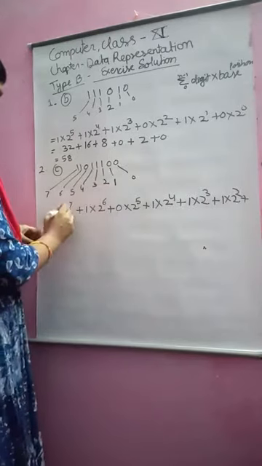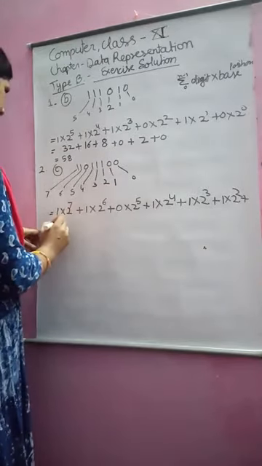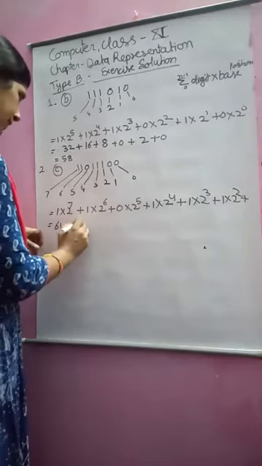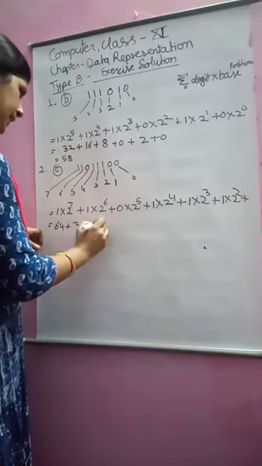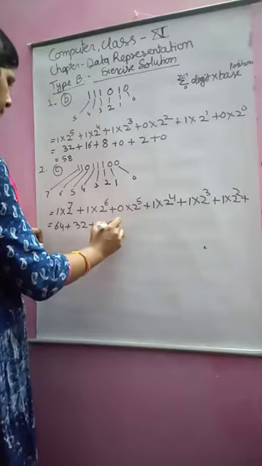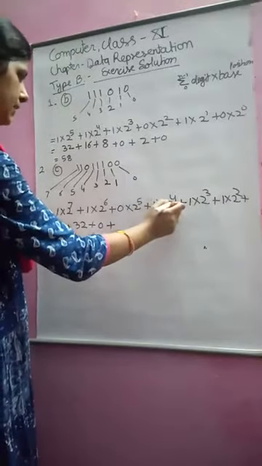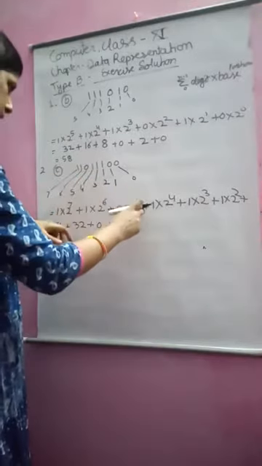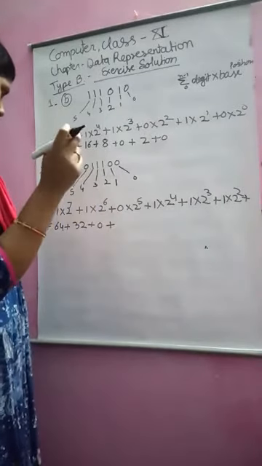Now 1 into 2 to the power 7, that is 64 plus 32 plus 0 plus... something missing.